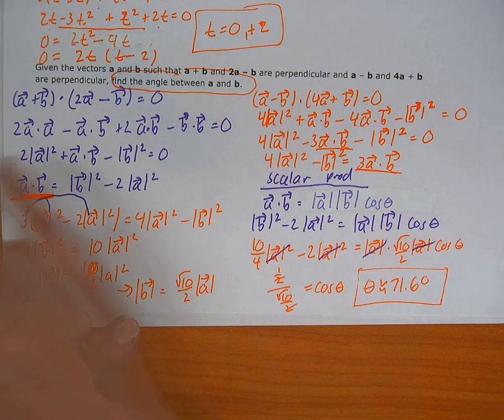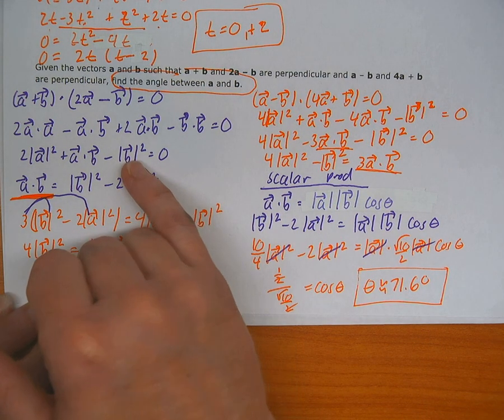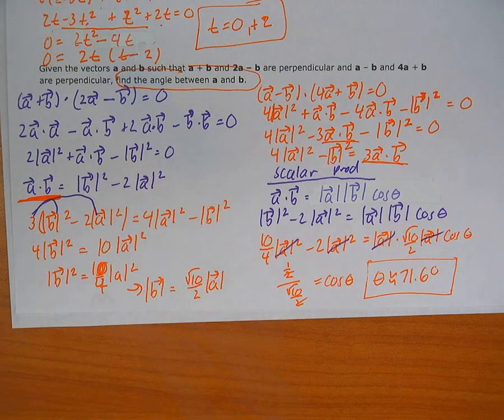And then every time I had vector B times vector B, that turns into the magnitude of vector B squared. So I used all three of those rules we talked about on the front. But then I also use traditional algebra techniques like substitutions. So there's no one way that solves everything with these sometimes, but that's a strategy that you can use, different things that you can think about doing.